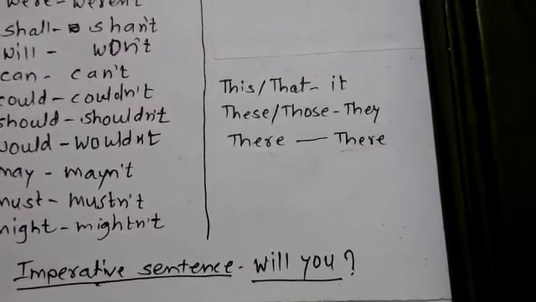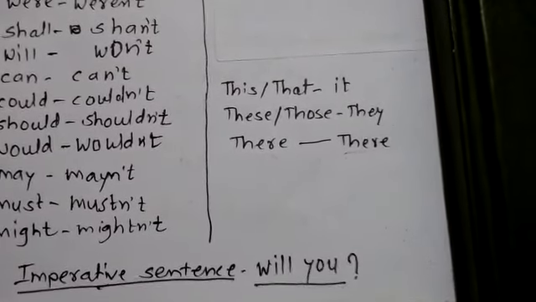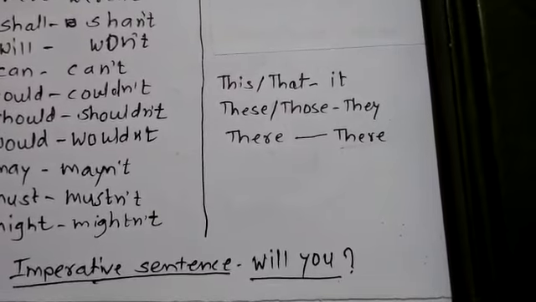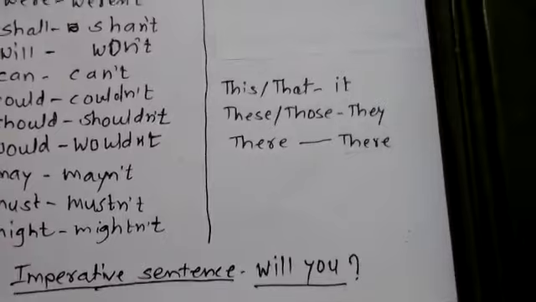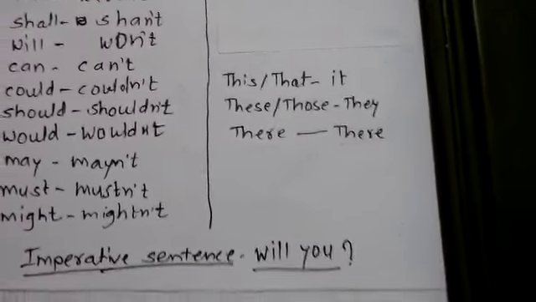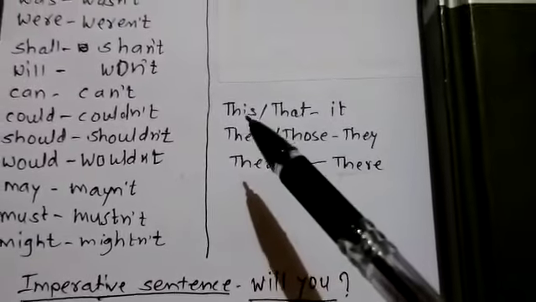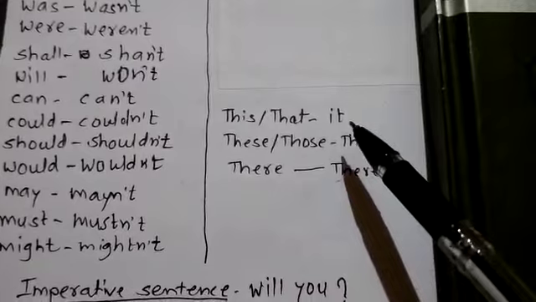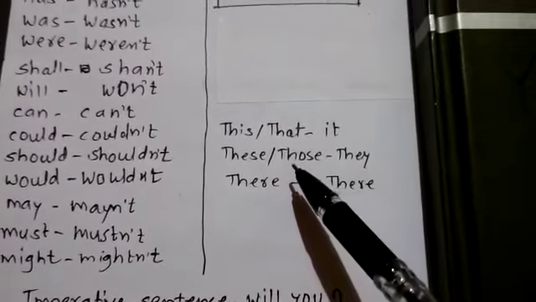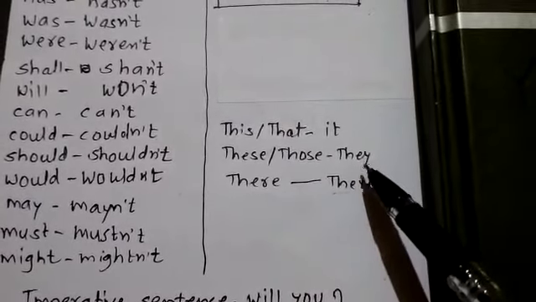But if the sentence is given like there is no one, so negative sense is there, so the tag will be is there. In this way you will have to just remember this. Then the helping verbs you already studied. Now just see here, this and that are given as the subject, so then you will have to use it. Then if these and those are given, then you will have to take they.